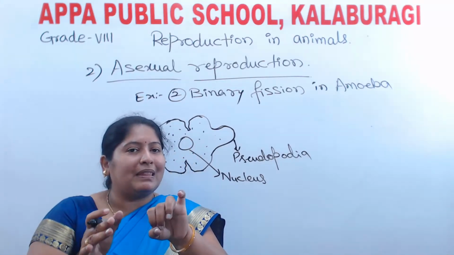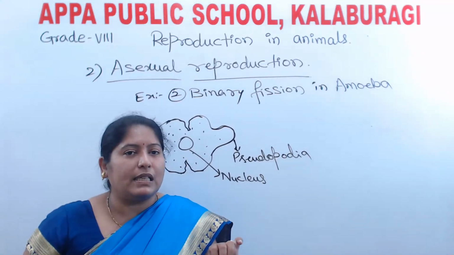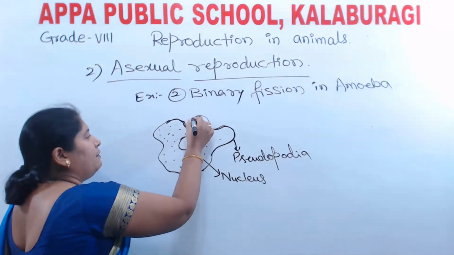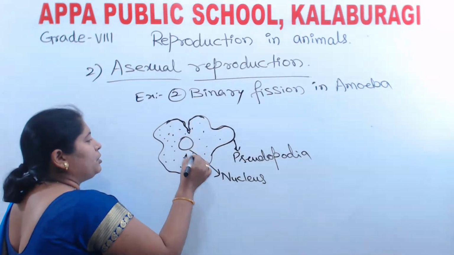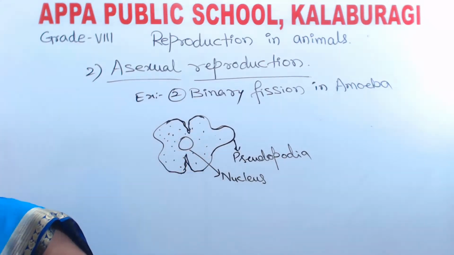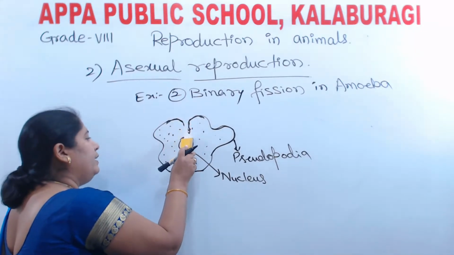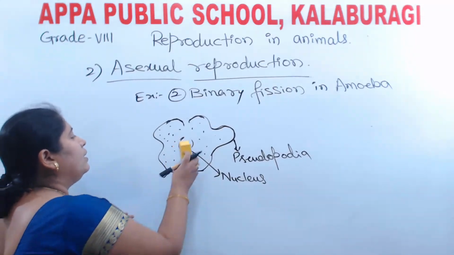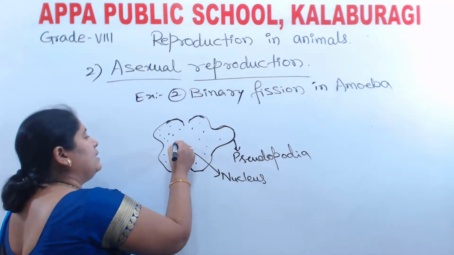How will it become? That is nothing but fission. Over here also, this amoeba starts dividing itself by making fissions like this, right? And that fission will again increase, and along with the nucleus it starts dividing.